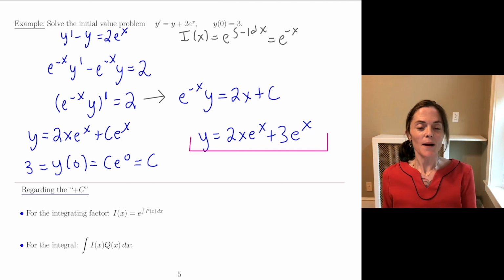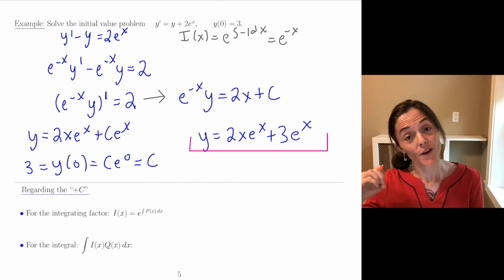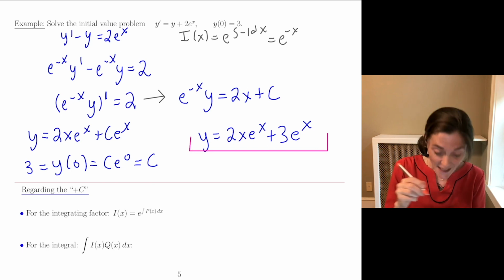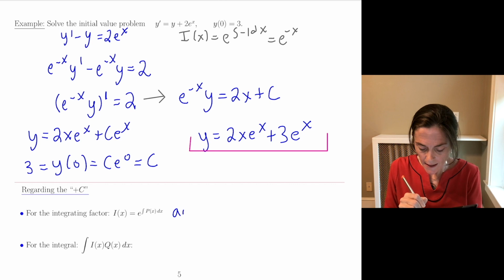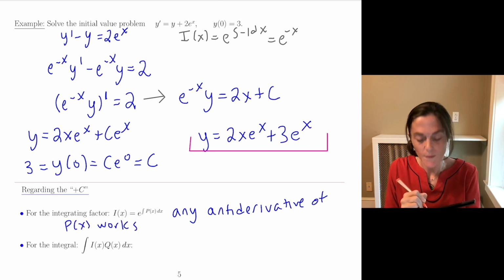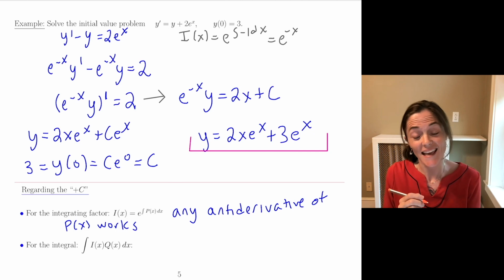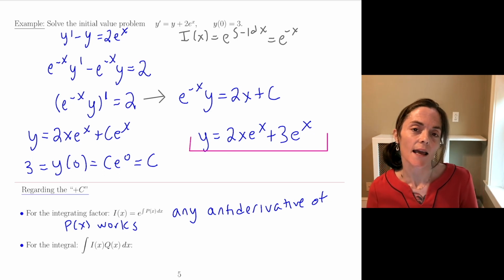Wonderful. I mentioned this earlier, but it's worth writing down because this is very important regarding the constant of integration. For the integrating factor, well, we need any antiderivative. Any antiderivative of p of x works. And so what this means is you do not need plus c. It's really to establish this product rule on the left-hand side.